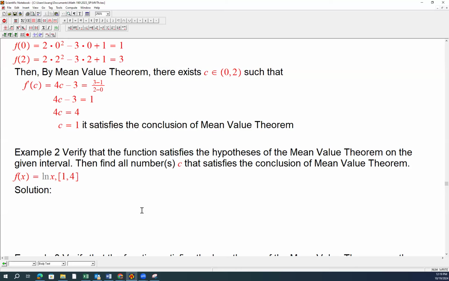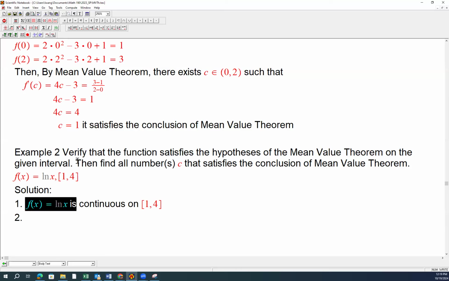Then check the first two conditions. Okay, ln x is continuous on the closed interval, and this is guaranteed by the continuity properties we learned in the section on continuous functions. Second, it is differentiable.